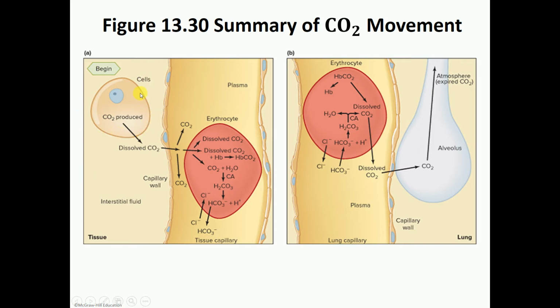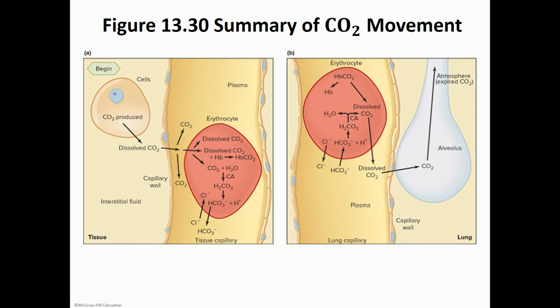As we know, carbon dioxide is produced by the cells due to the metabolic processes, and then it dissolves and diffuses from the cells into the plasma. Part of carbon dioxide just remains dissolved in plasma, while some carbon dioxide attaches to hemoglobin to produce carbaminohemoglobin.